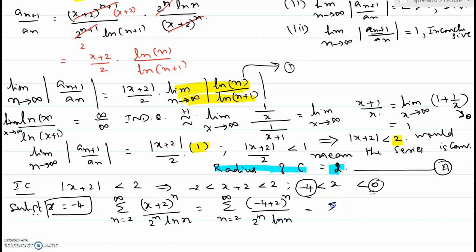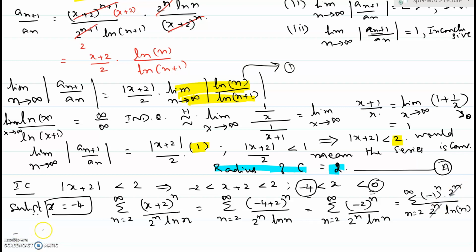This would be sigma of negative 2 to the power n over 2 to the power n ln n, n varying from 2 through infinity, which can once again be written as sigma negative 1 to the power n times 2 to the power n divided by 2 to the power n ln of n. So this 2 to the power n can be crossed out.